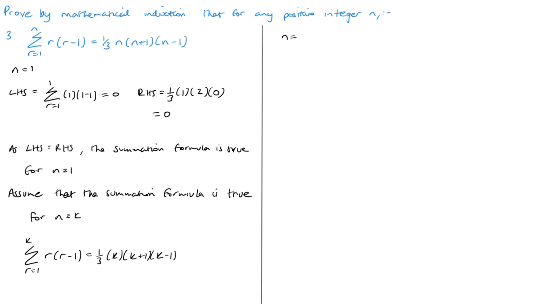Now we do the induction step, so n equals k plus 1. So this is r minus 1 between 1 and k plus 1. And it's between 1 and k plus, and then we're substituting k plus 1 in, k plus 1, k plus 1 minus 1.